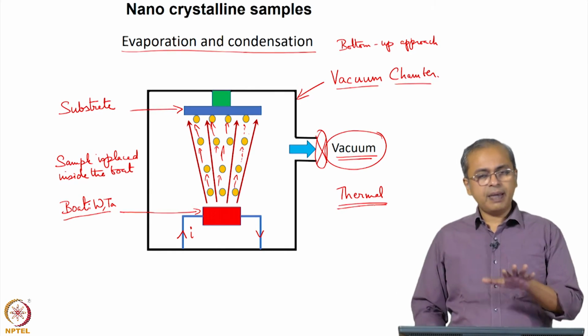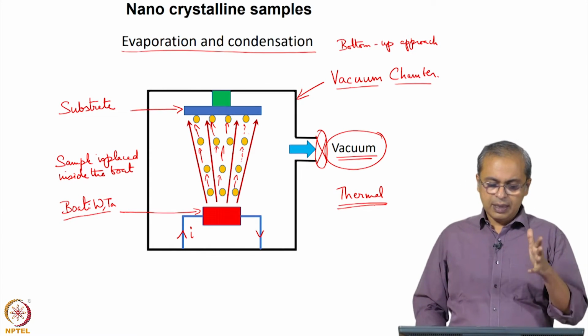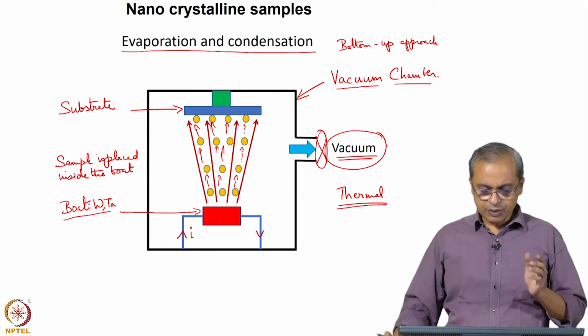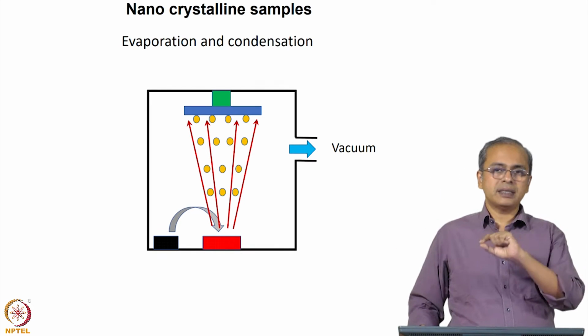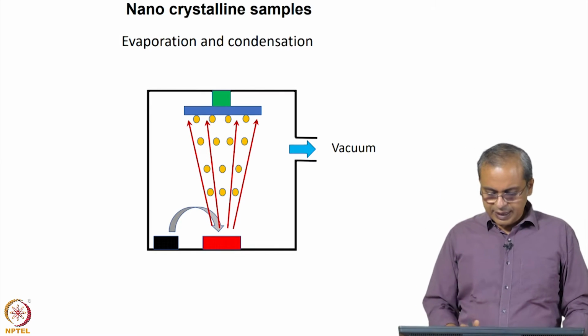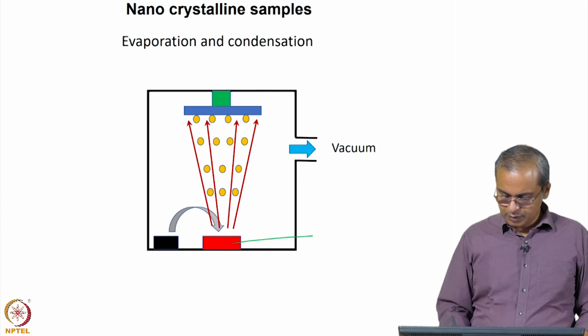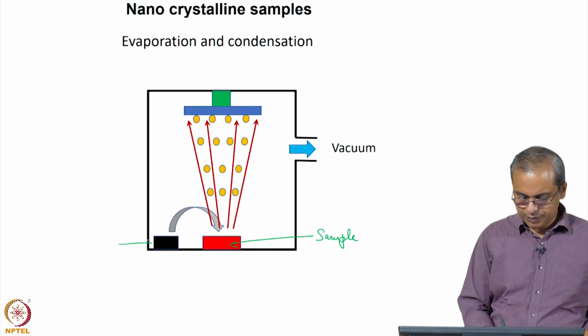We will continue with evaporation and condensation, but there are a couple of other variations on it which I will talk about. They also get you these small crystal size samples. The next variation is an electron beam based evaporation process. You will see here, this is the sample, and this is a source of electrons.